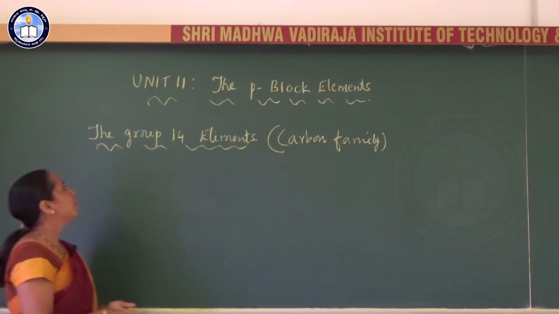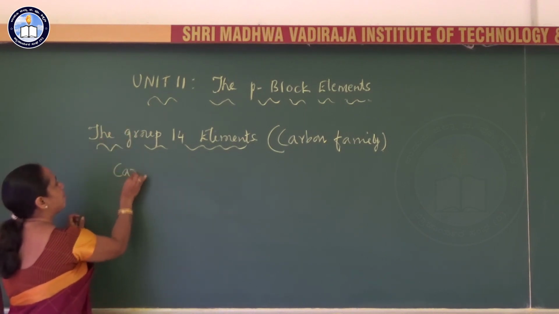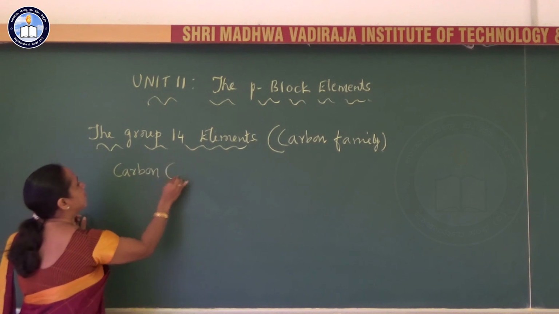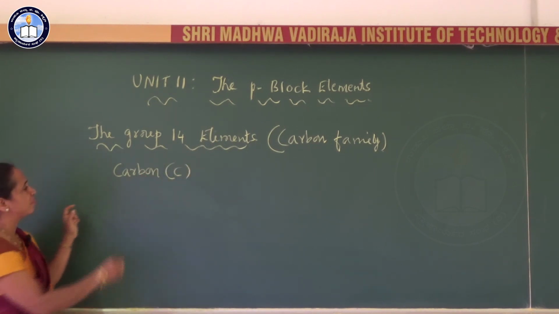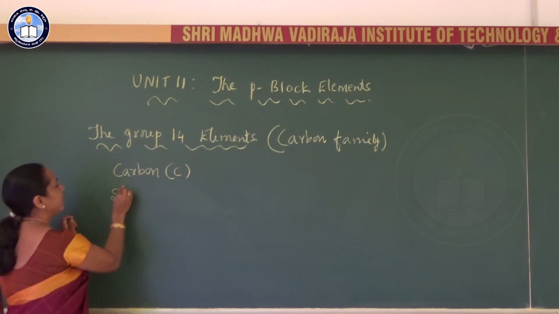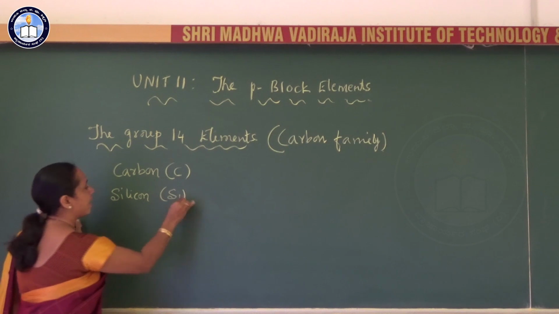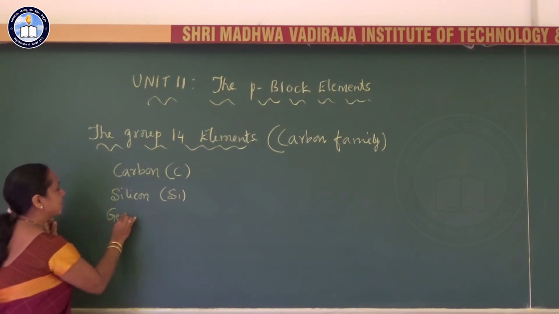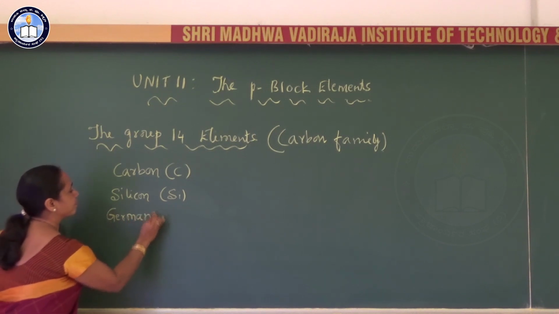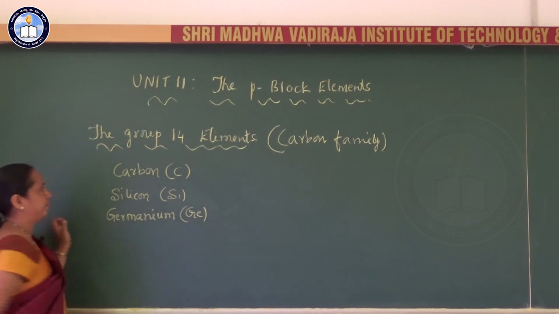The members of group 14 are: the first member is carbon, with symbol C. The second member is silicon, with symbol Si. The third member is germanium, with symbol Ge.